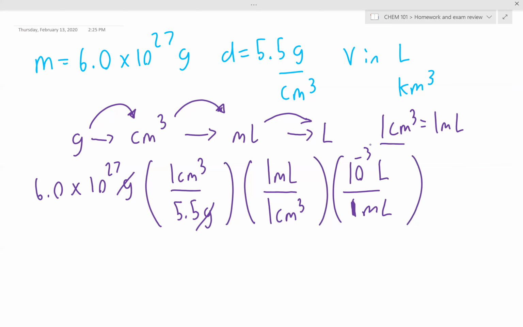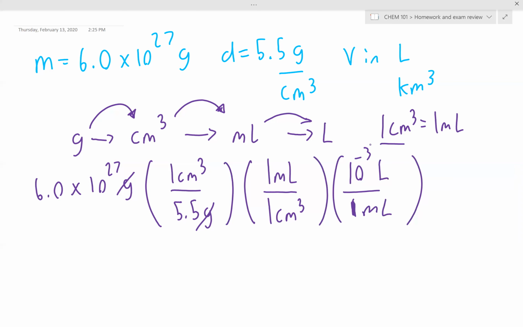So let's now punch this into our calculator really quickly. We have 6.0 EE27 divided by 5.5. We'll end up with a large number. If you see a really small number for the volume of the Earth, just make sure you do a little bit of a reality check. The Earth is definitely going to be larger than a milliliter, right?